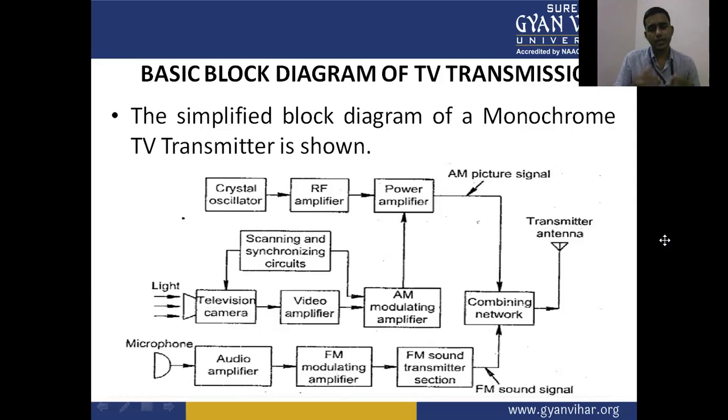Then in the lower section of this block diagram, we have a microphone. With the microphone, we capture the audio signal. Then the audio signal is fed to the audio amplifier. The microphone is a device which converts the audio signal into electrical voltage and current.